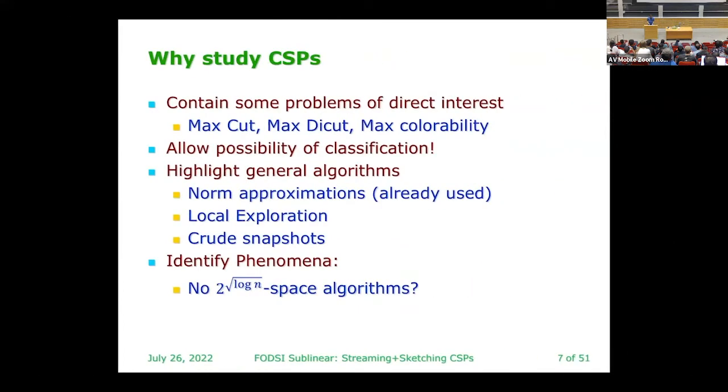Okay. All right, so before I tell you about our results, let me just briefly say why study CSPs. I'll try to keep this brief. So it does contain problems of natural interest, and cut, DiCut, colorability, et cetera, are all problems that have been studied on their own.